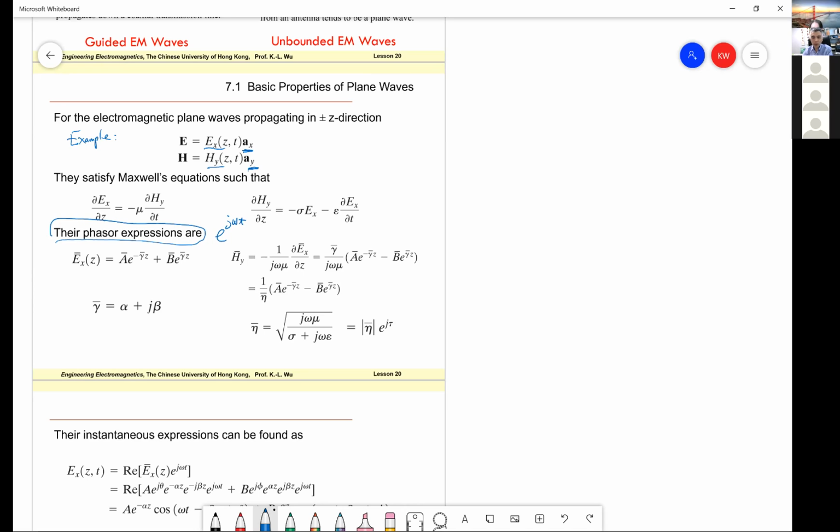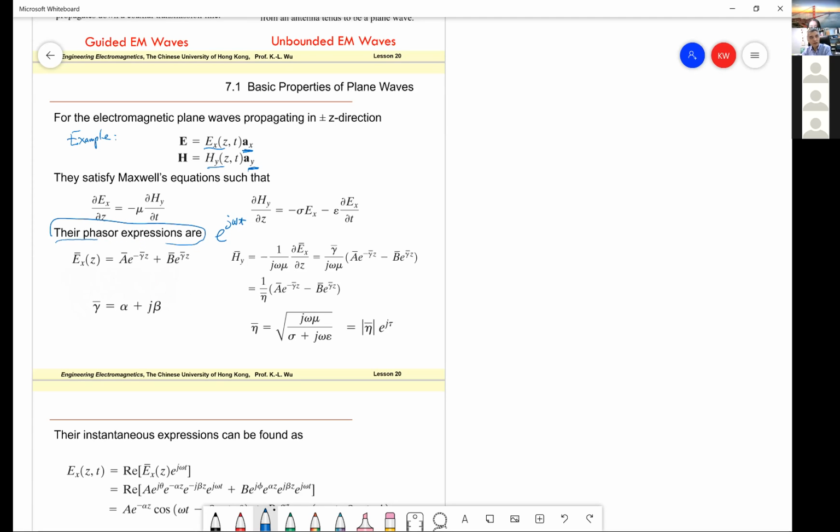So for a plane wave, we have a solution because this is the x component. Or if you like to say the electric field in vector form, then I can say x. This is also fine, but this is the x component.